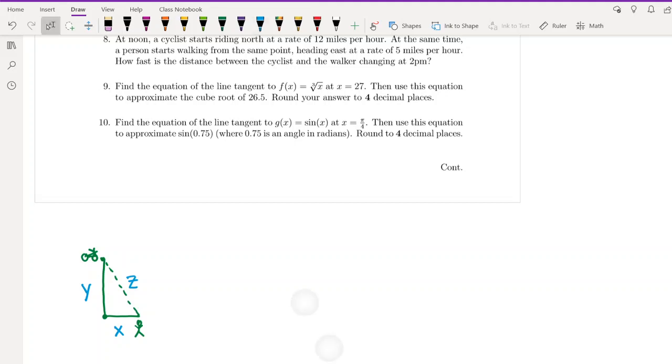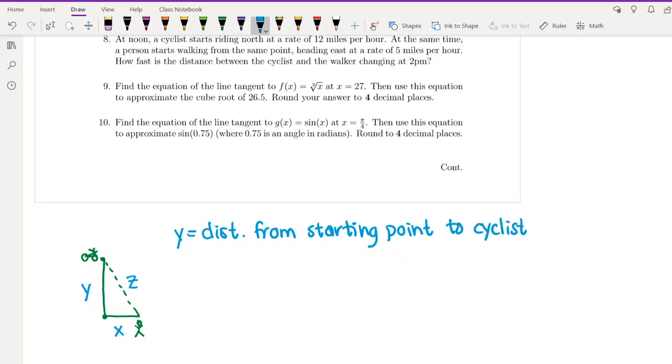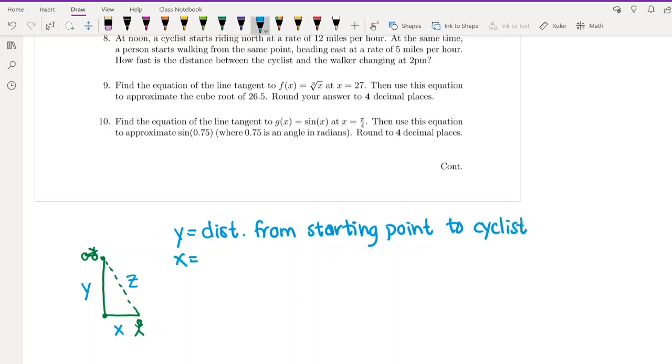Okay, so next thing we want to do is, and maybe I'll write these down. So y is equal to the distance from the starting point to the cyclist. x is equal to the same thing, distance from starting point to the walker.